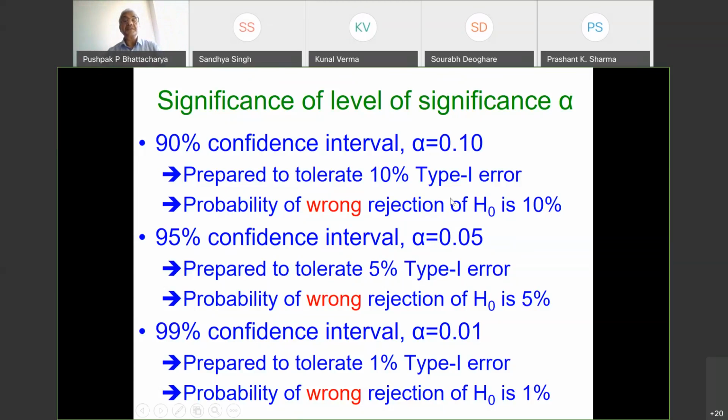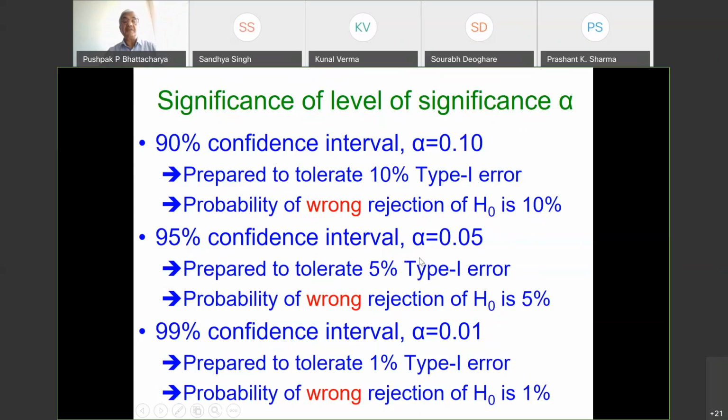So 10% type 1 error corresponds to alpha, the significance level. So the probability of wrong rejection of H naught, if we wrongly reject H naught which is supposed to be rejected, and if that rejection is wrong, then a 90% confidence interval means that probability of that mistake is 10%.